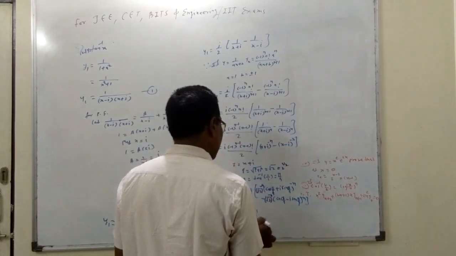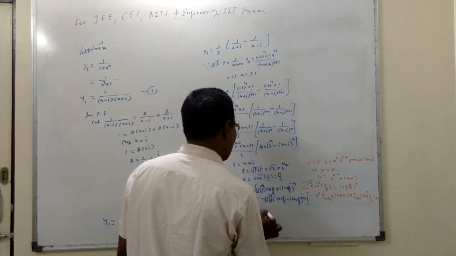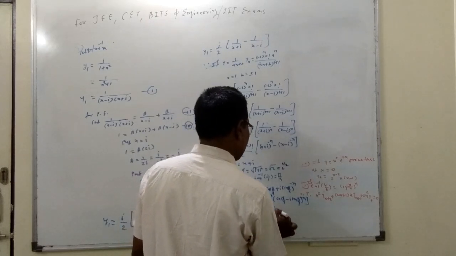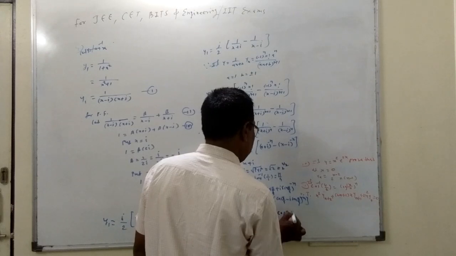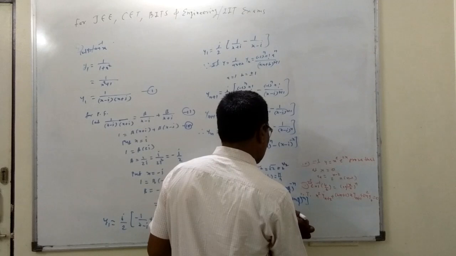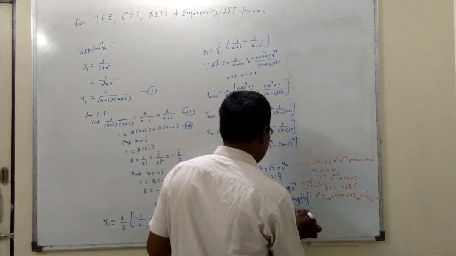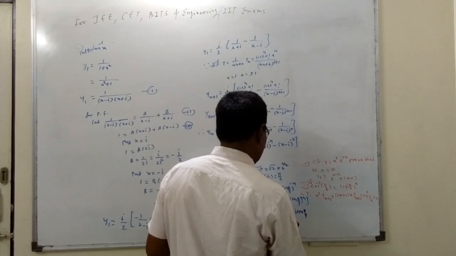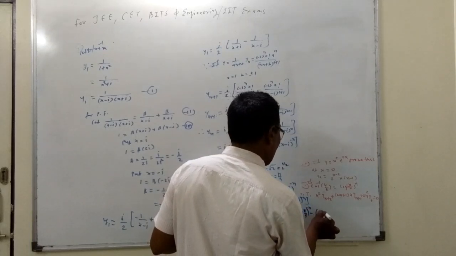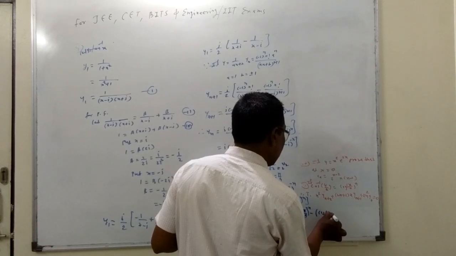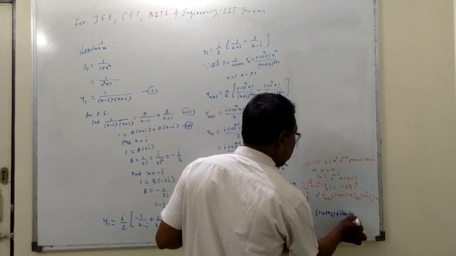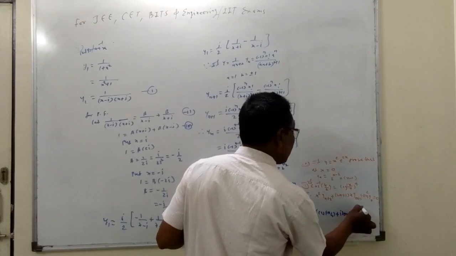Now root 2 means 2 raised to half, so 2 raised to minus n by 2 we will take outside into bracket, cos pi by 4 plus i sin pi by 4 raised to minus n, minus, into bracket, cos of minus pi by 4 plus i sin minus pi by 4 raised to minus n.